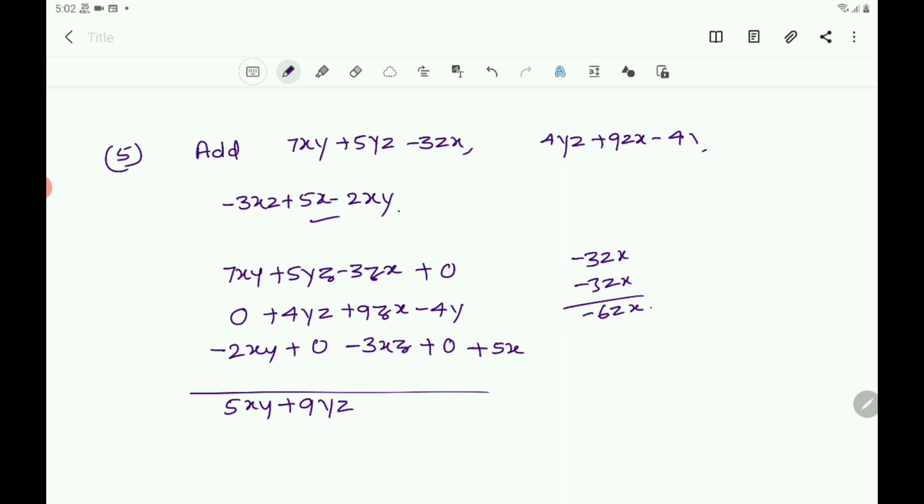Then 9zx minus 6zx, that is 3zx you can write, or otherwise here 9 minus 3 is 6. Again 6 minus 3 is 3. Anyway you can do it here. You can add the negatives first, then subtract that from the positive, or directly 9 minus 3 is 6, 6 minus 3 is 3 also you can write.